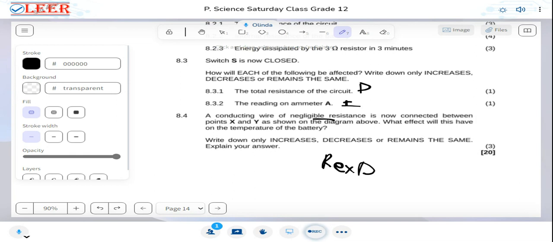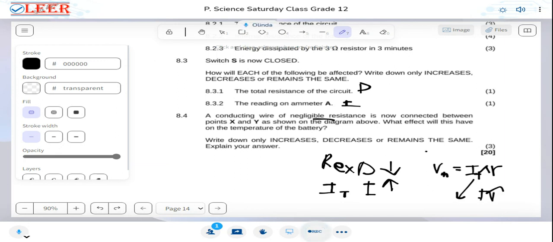As we have mentioned up here, if this decreases, then our total current is going to increase. So this has gone down, and this has increased. So V internal is equal to I total multiplied by r. This has increased, it's gone up.